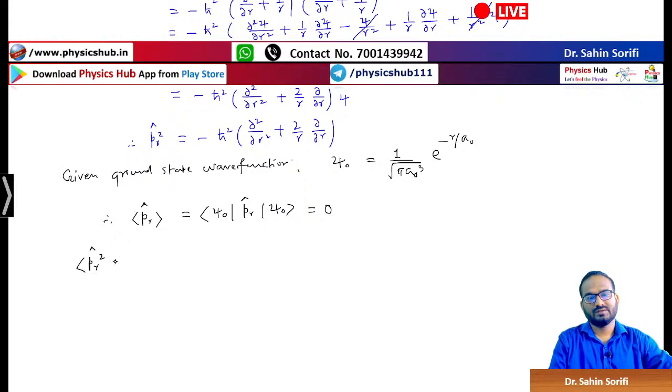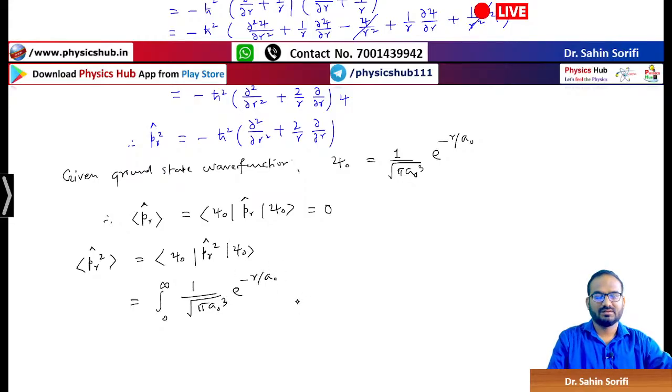Pr square, what is the expectation value of it? Obviously this will be psi 0 Pr square psi 0. Written out, bra psi 0 is 1 upon square root of pi a naught cubed. It is a real function, so there is no issue; bra and ket will be almost the same.